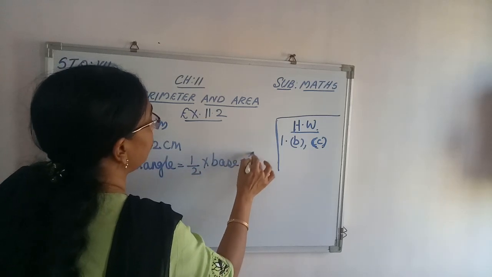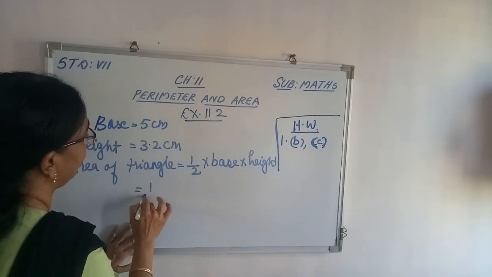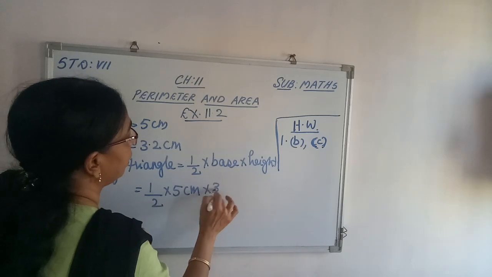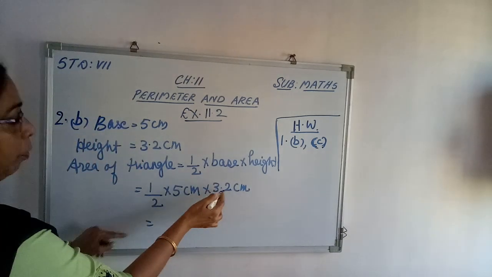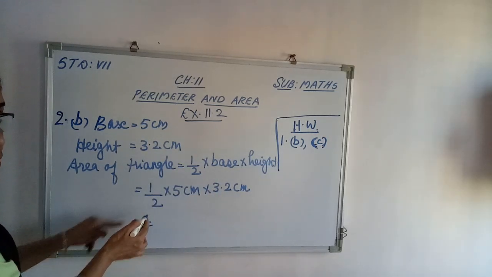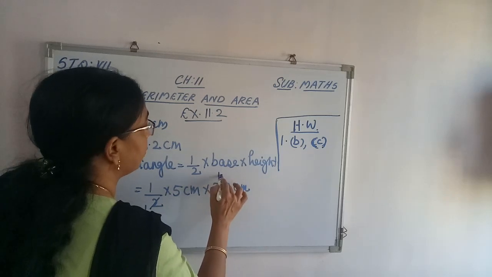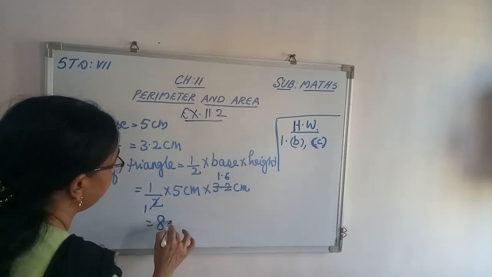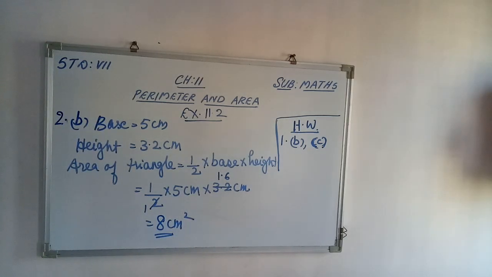That is base into height. That's equal to half into 5 centimeter multiplied by 3.2 centimeter. That's equal to 3.2 divided by 2 will give you 1.6. Here you can write 1.6. So the answer will be 8 centimeter square. 8 centimeter square is the area.